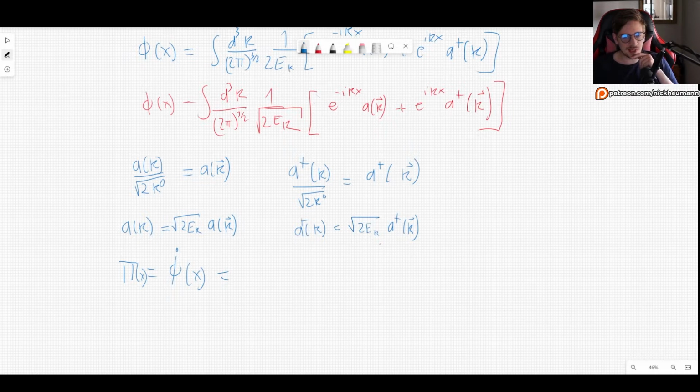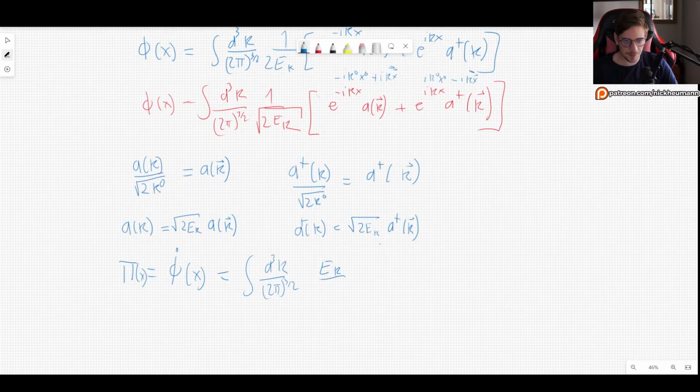So we just take the time derivative here. Now the time derivative, keep in mind, we can expand this as minus i k0 x0 plus i k x as vectors, and then e to the i kx here. We can write this as plus i k0 x0 minus i k x. So if you take the time derivative, you get i k0 from both of them, but you will get a relative minus sign here, right? So we get the integral d3k over 2 pi to the 3 halves, and then we get k0, but k0 is the same as ek.